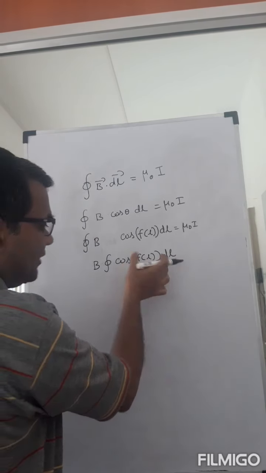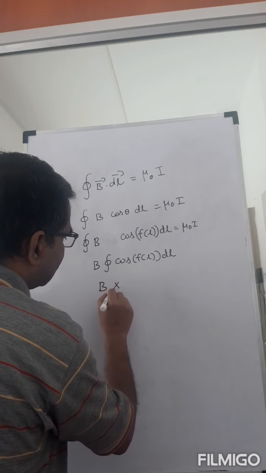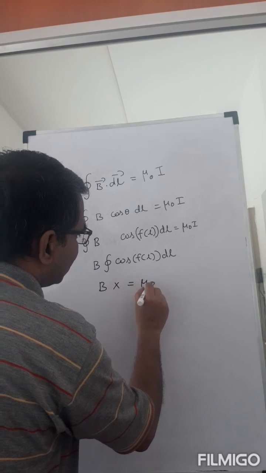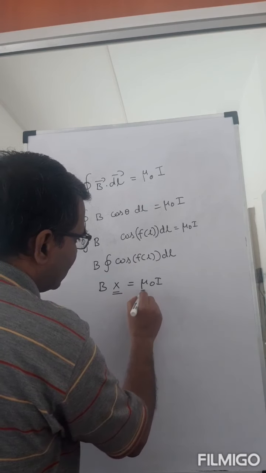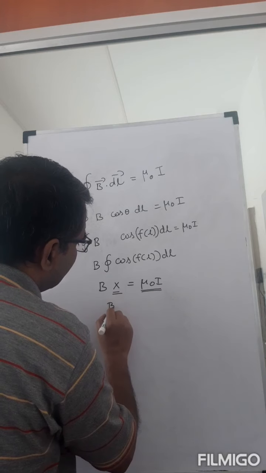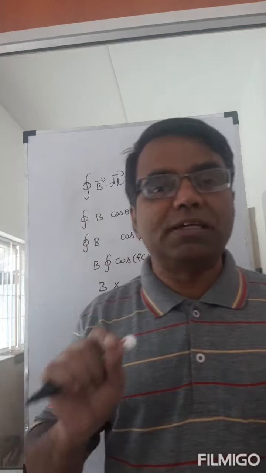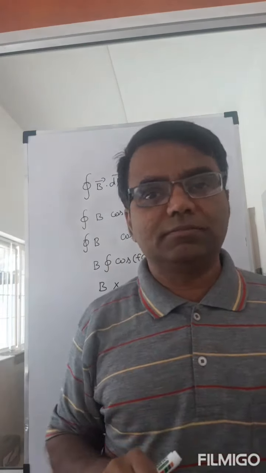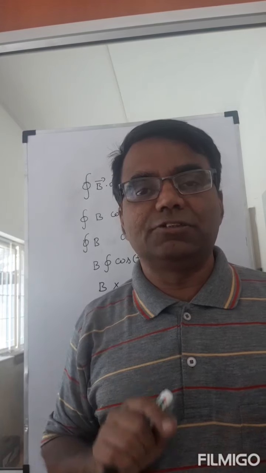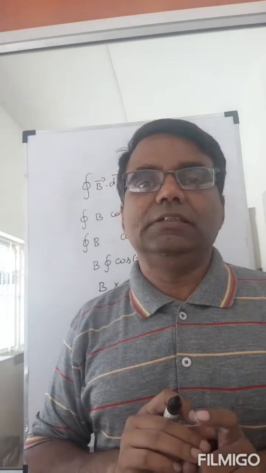This integral may give me some value x, say, so this is equal to Bx, and that I know is equal to mu naught I. So this integral has given me this value, and I also know these two values. Now I can find B. But to find B, it must be constant along that path in magnitude. That's a very critical idea.